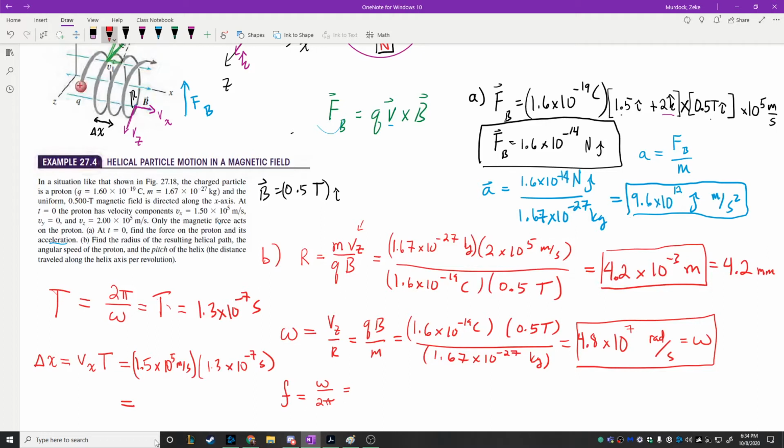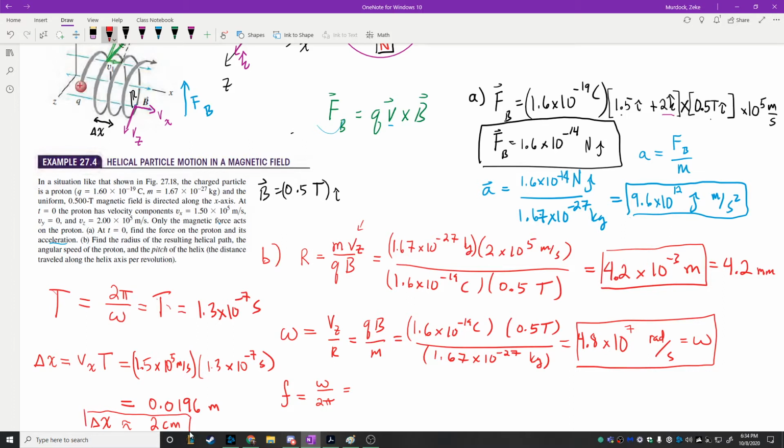Then whatever that's equal to. I think I just did it. 0.02 is what I got. So it's about 2 centimeters. That's the distance that it travels.